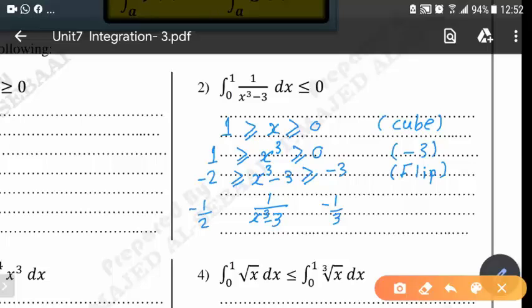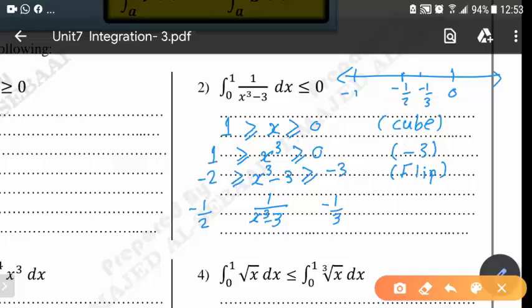But now see, which is bigger? Let's say this is the number line, this is 0, and this is minus 1. So the thing in the middle is going to be minus a half. Where is minus a third? Minus a third is here, minus 1 over 3.